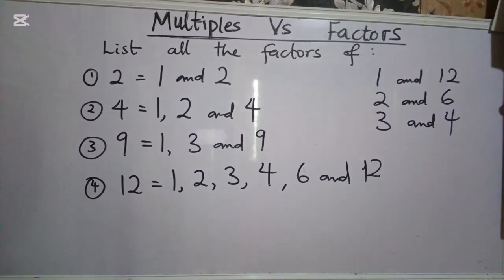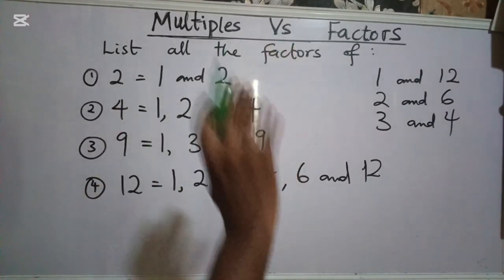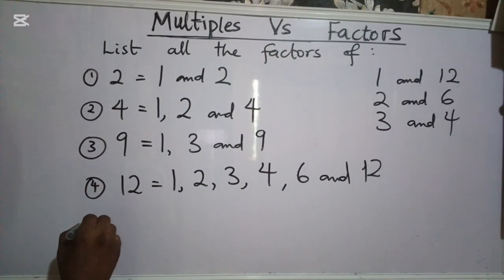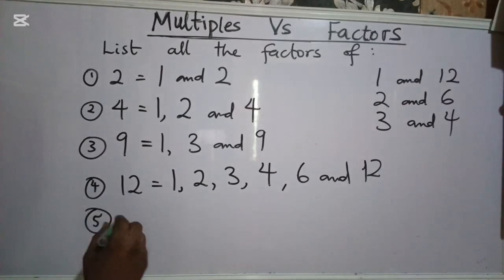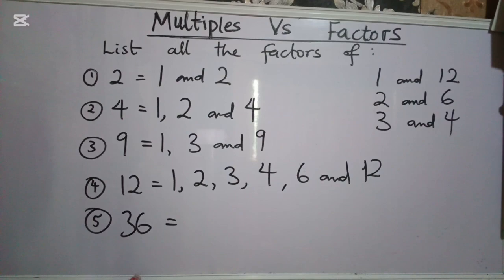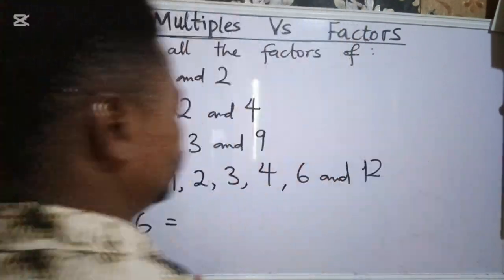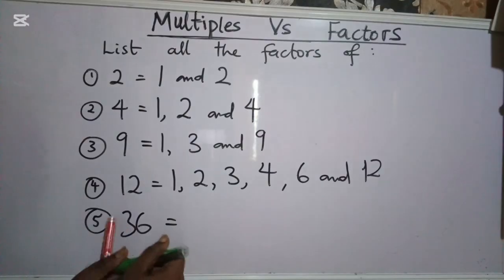The next one, I want to try a big one, very big one. Okay, class. Let me do this. Let's say number 5. Let's go to 36, and it's going to give me plenty of numbers. Just watch it. After 36, I'm going to do another one again. Now we know.